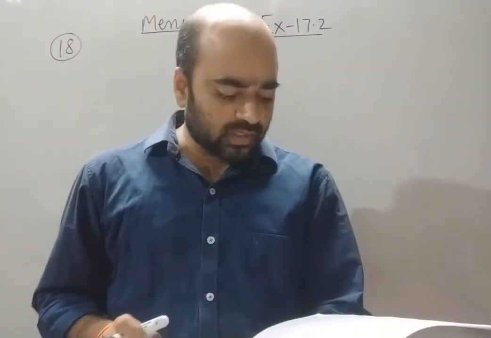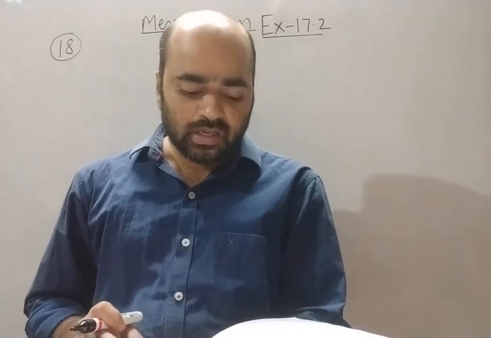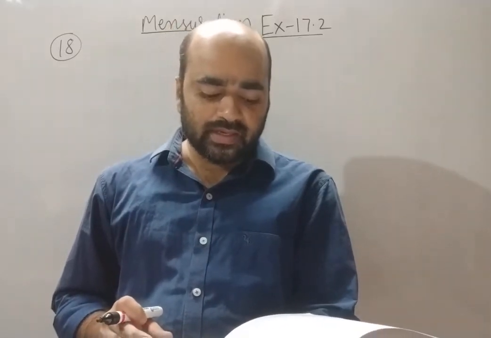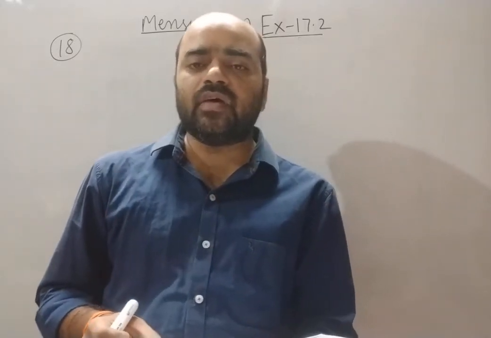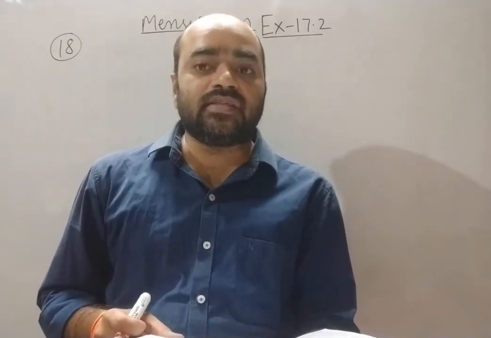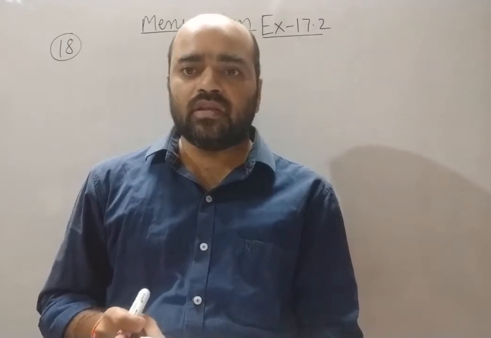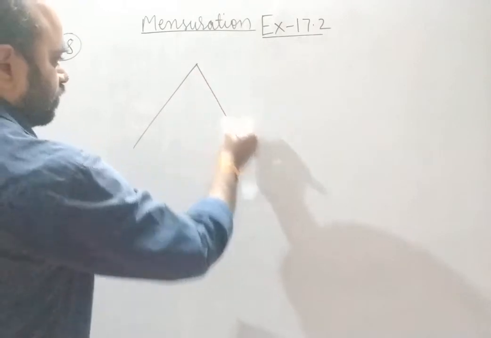So last question 18. A semicircular lamina of radius 35 centimeter is folded so that the two bounding radii are joined together to form a cone. See, we have studied in the cone, whenever you cut a cone along its slant height, we are going to get a sector of a circle. Correct?